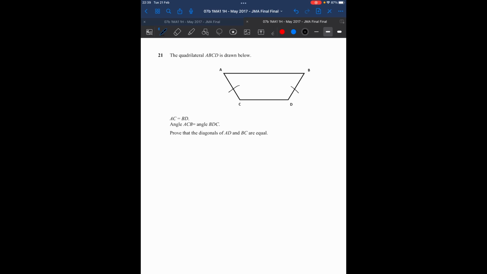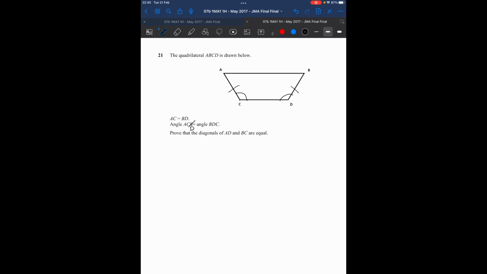Angle ACB is equal to angle BDC. So it's a slight typo there. That should actually say angle ACD. Okay, so ACD is going to be equal to BDC. And that's how I could draw it to represent it.